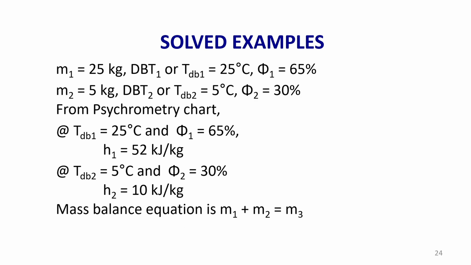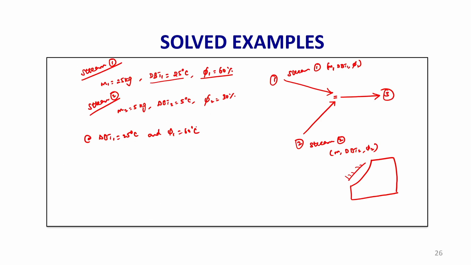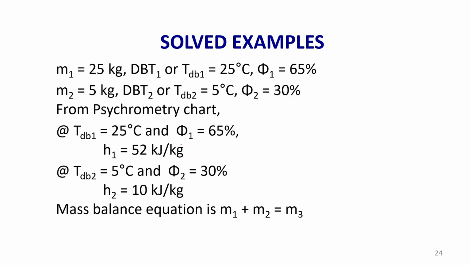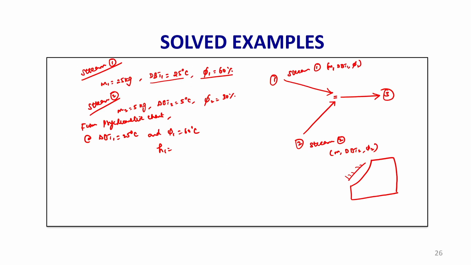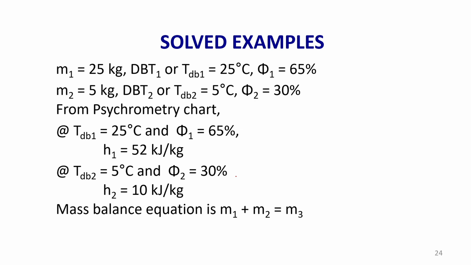So, from the psychrometric chart, you can find out the enthalpy at 1, that is 52 kilojoule per kg, and similarly at dry bulb temperature 2 equal to 5 degrees centigrade and relative humidity equal to 30%, we can find H2 equal to 10 kilojoule per kg. So, that is what I have done here.